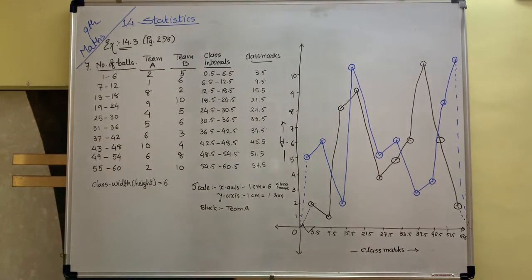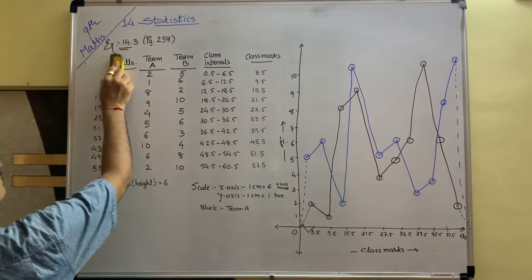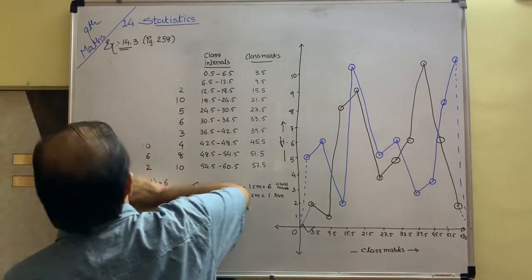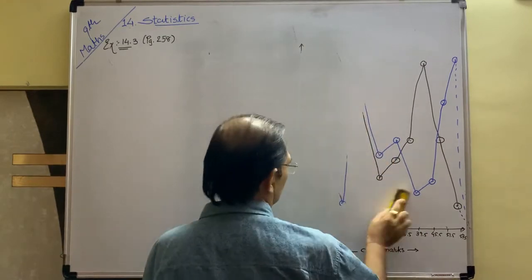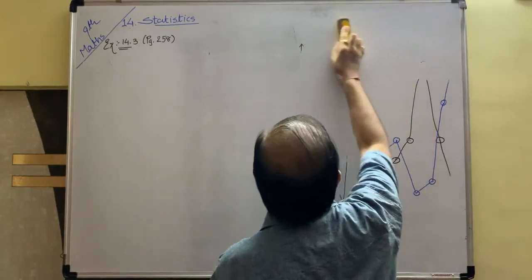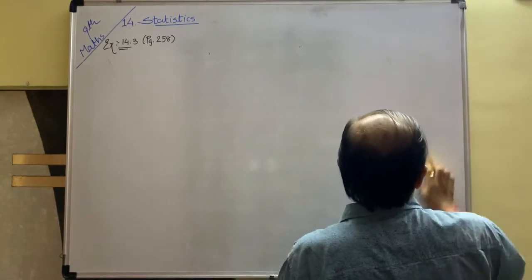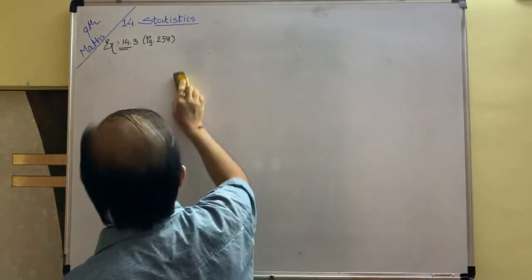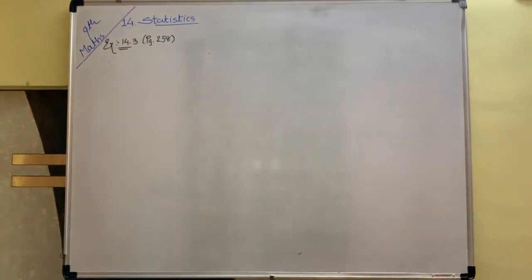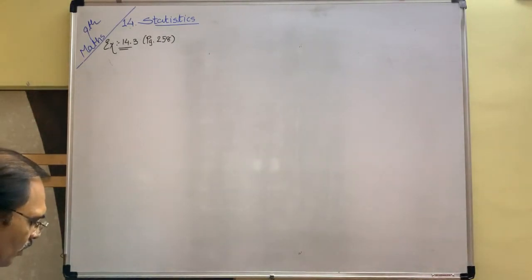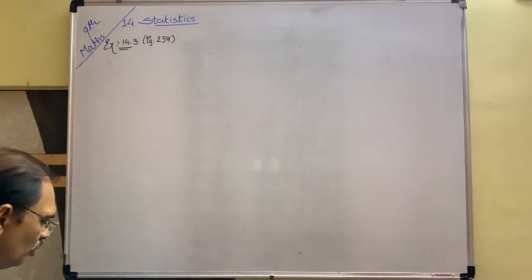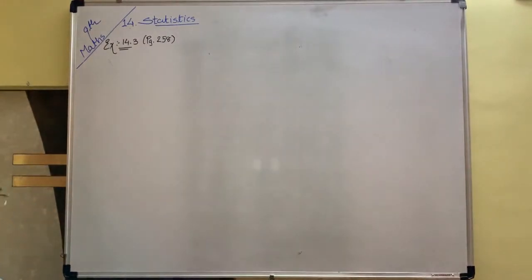Number 8. Write down this properly while I am writing it. Eighth number: a random survey of the number of children of various age groups playing in a park was found as follows.